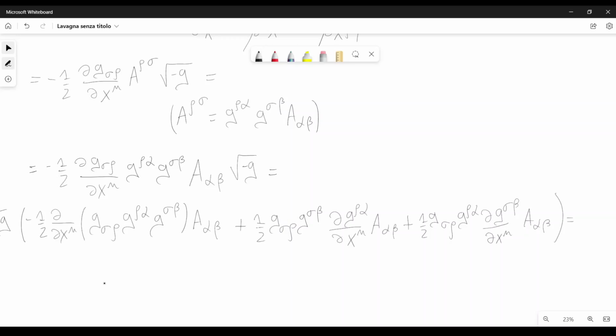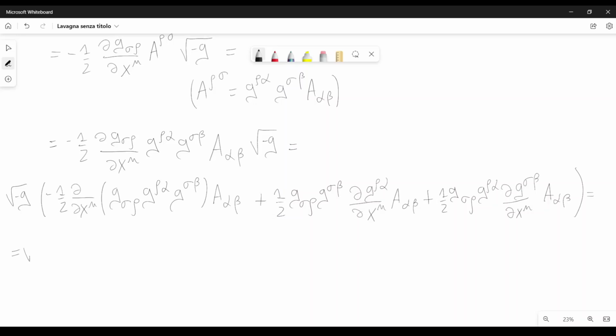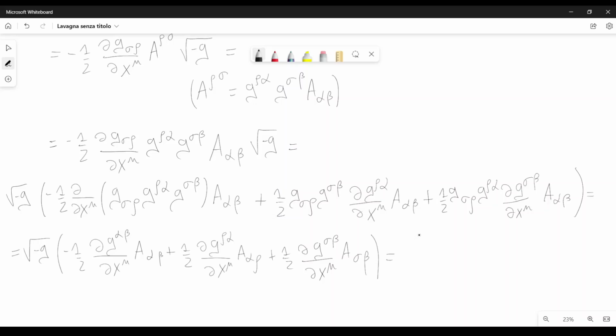This will give me, so this is equal to square root of minus g times minus 1/2 derivative of g alpha beta with respect to x mu times a alpha beta, plus 1/2 derivative of g rho alpha with respect to x mu times a alpha rho, plus 1/2 derivative of g sigma beta with respect to x mu times a sigma beta, and this is equal to, if you just check, derivative of g rho sigma with respect to x mu times a rho sigma times square root of minus g.